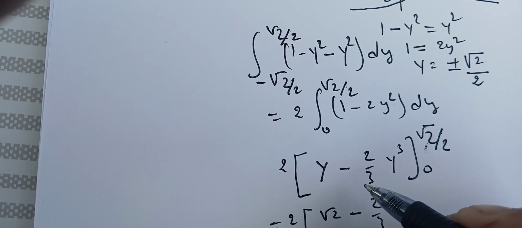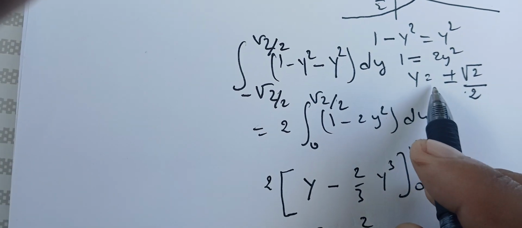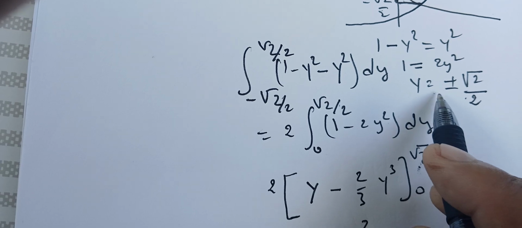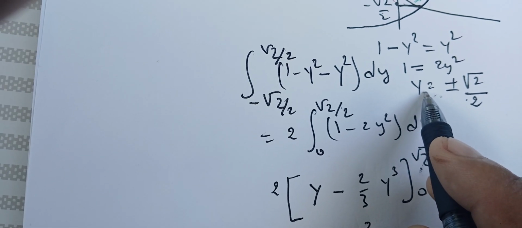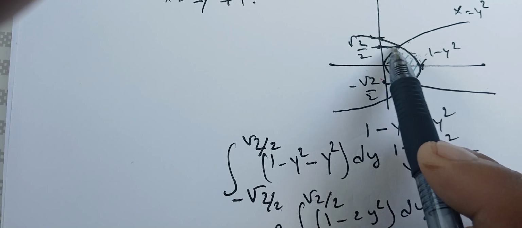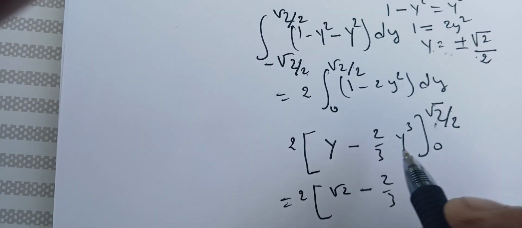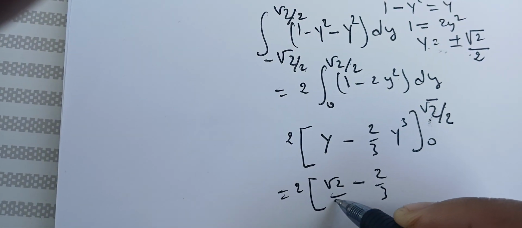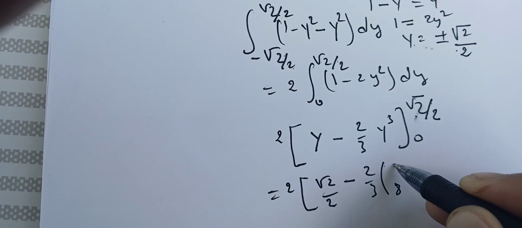Otherwise we're gonna get something different, because these are the limits of integration, minus square root of 2 over 2 and plus square root of 2 over 2, as we found here. So therefore we have square root of 2 over 2 minus 2 over 8 times 2 square root of 2 over 2.